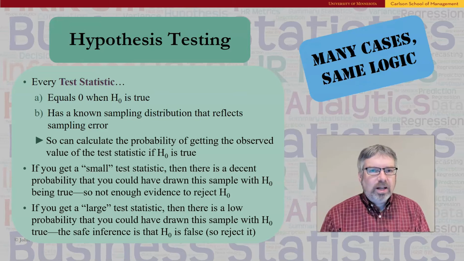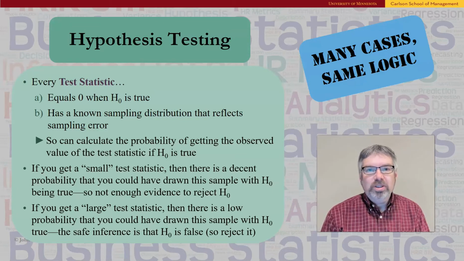That would cause us to cast doubt on the likelihood that the null hypothesis is true, and so the safe inference is that the null hypothesis is false. Rather than the true mean being 10, maybe the true mean was 90, and it'd be much more likely to get a sample mean of 100.